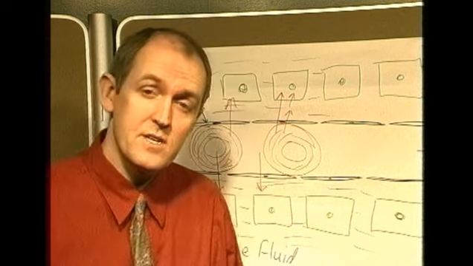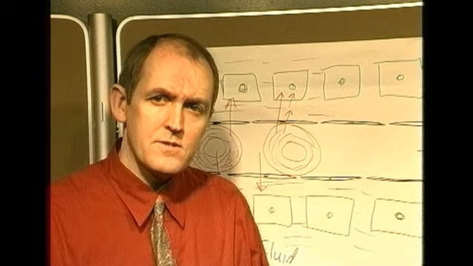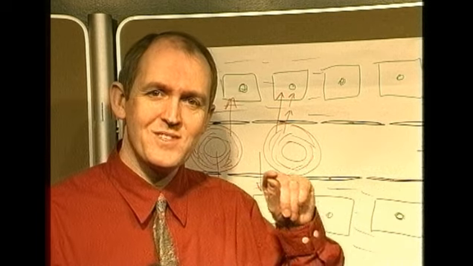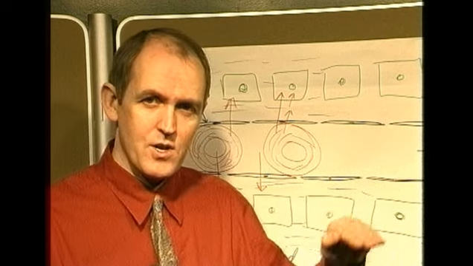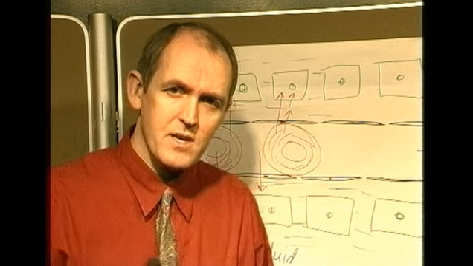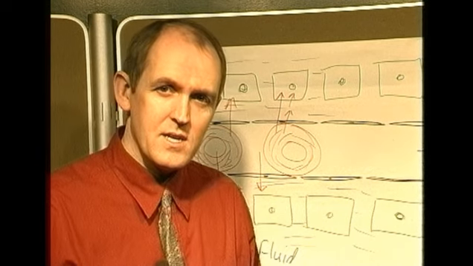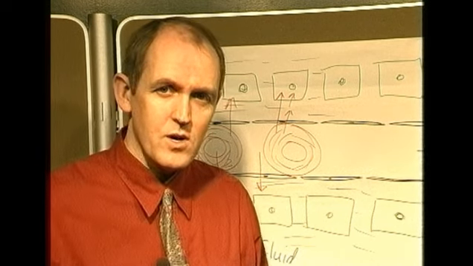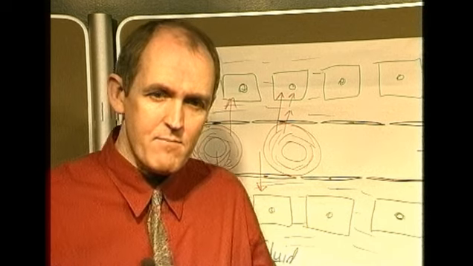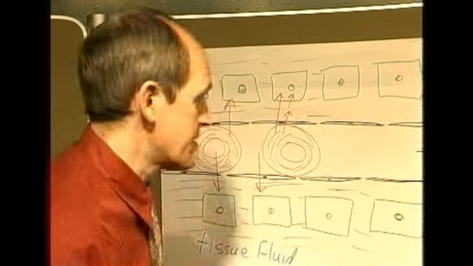That means there is a diffusion gradient between the tissues and the blood. So carbon dioxide will diffuse down its diffusion gradient from the tissues into the blood. In other words, in simple terms, we get net movement of carbon dioxide from the tissues into the blood.